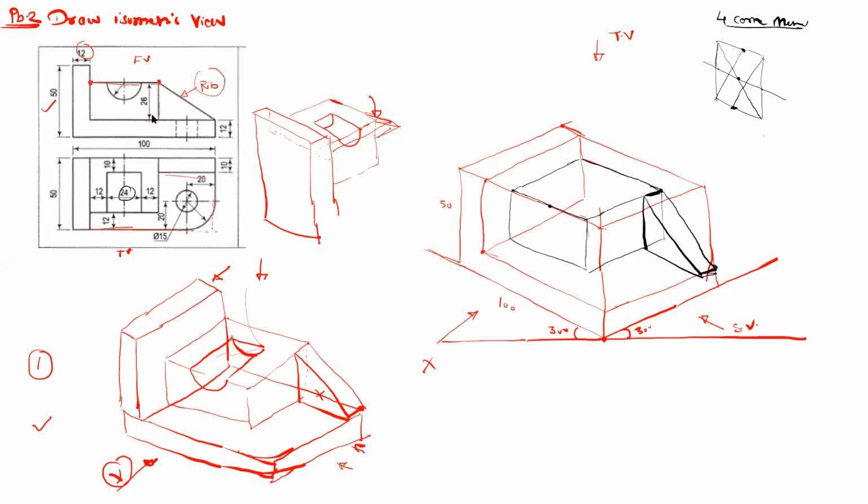Now for this problem, we will not create the complete circle. So just draw the semicircle. So for the semicircle, this is one center point. Okay. And this is another center point.